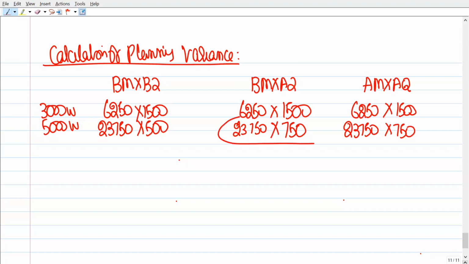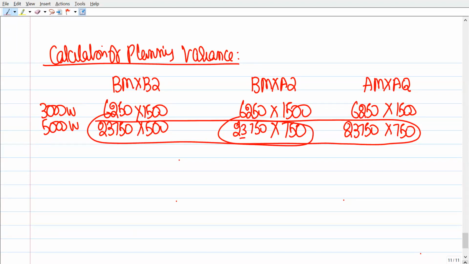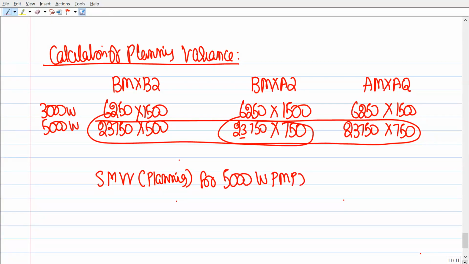Just compare these two. Sorry, not these two, sorry. Sales margin volume variance, in bracket planning, for 5000 W PMPO. They have been doing separately for the product.